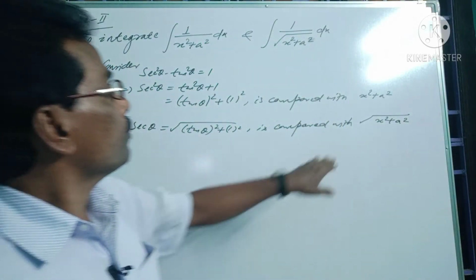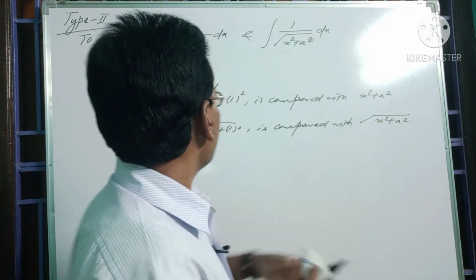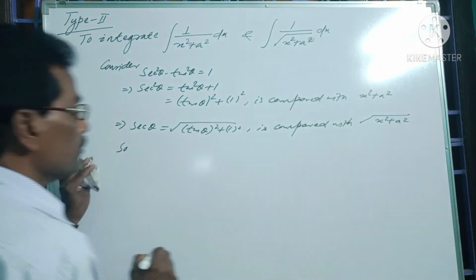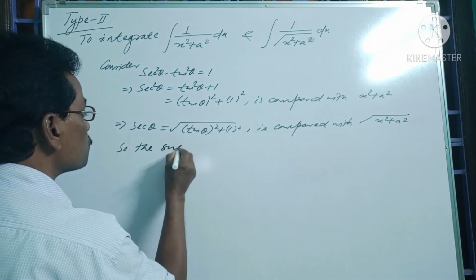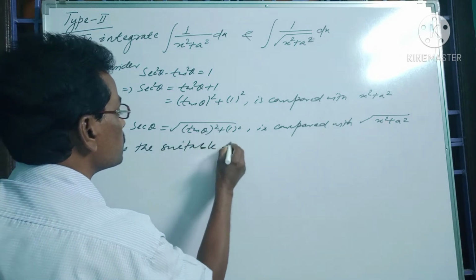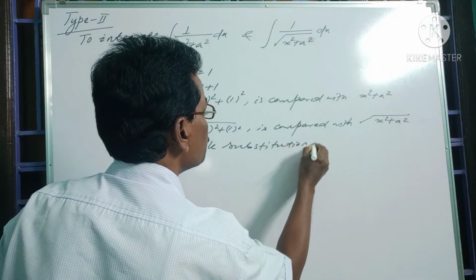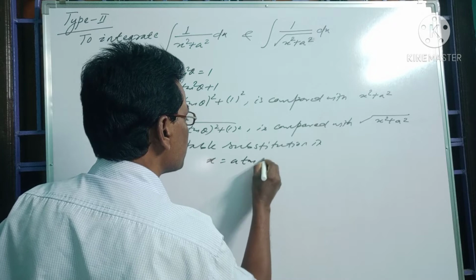So here we can compare tan theta with x and 1 with a. So in this process of integration the suitable substitution is x is equal to a into tan theta.